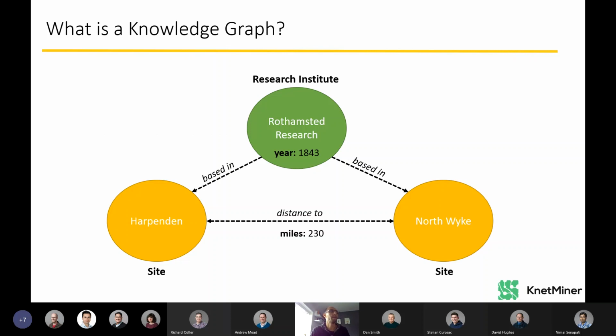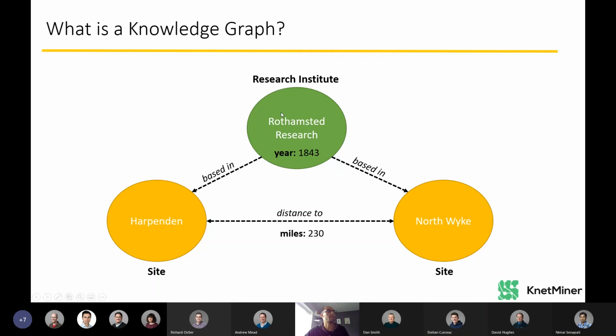So what do we mean with a knowledge graph? Let me just give you a quick introduction to knowledge graphs again, and this is really a recap from Marco's talk. So a knowledge graph consists of nodes and edges. So in this example, I've got 3 nodes, Rothamsted Research, Harpenden, and Norswick. Each of these nodes has a label.